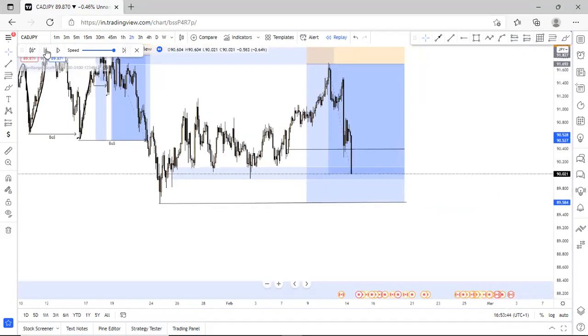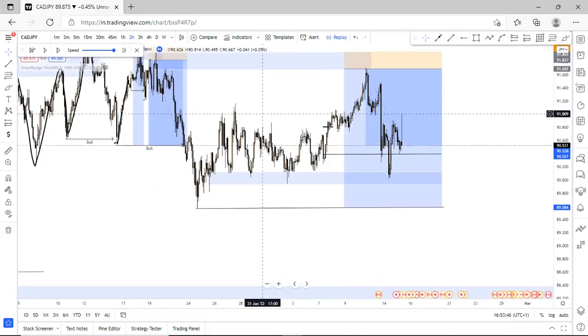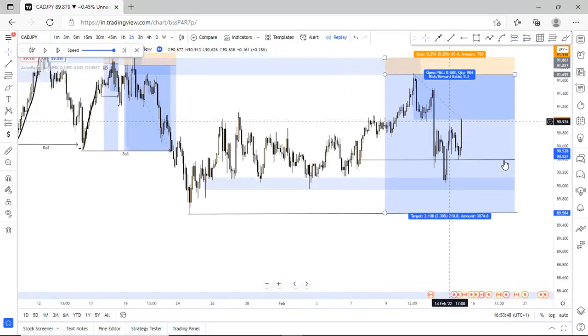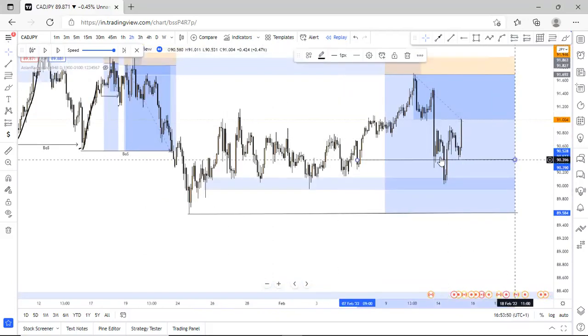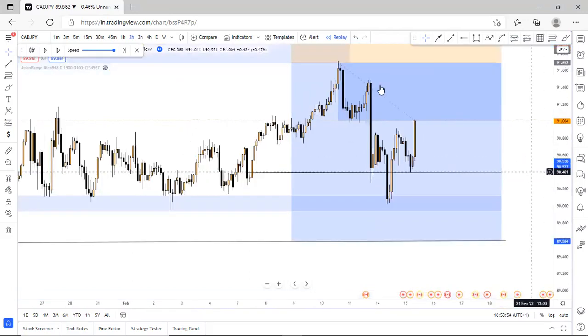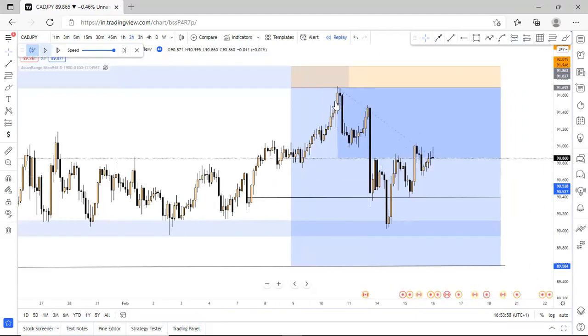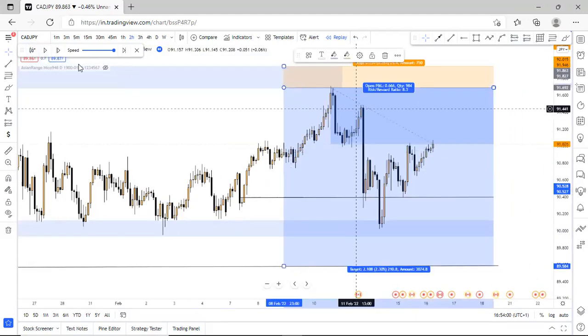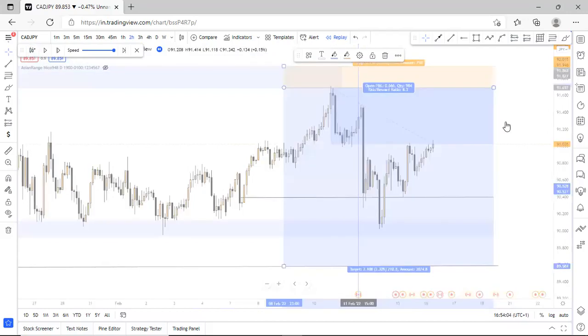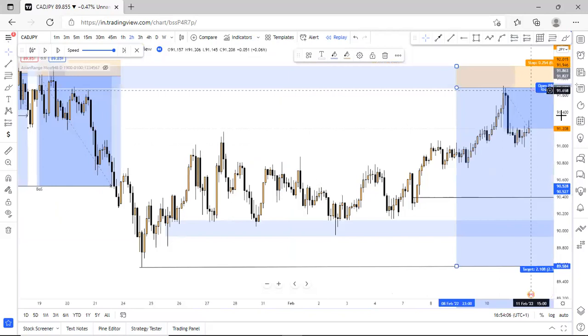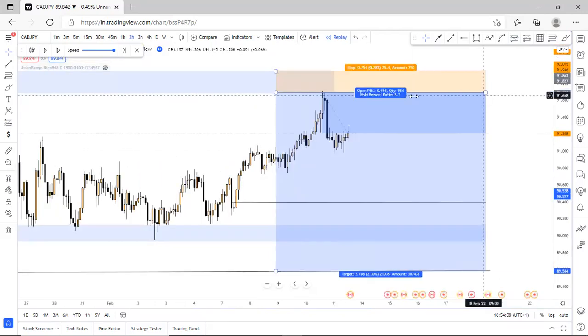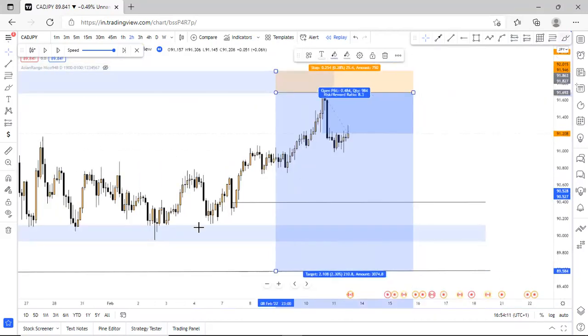So the market plays, and yet again we can see our first take profit was right here. At this zone, you should take a look at your structure.